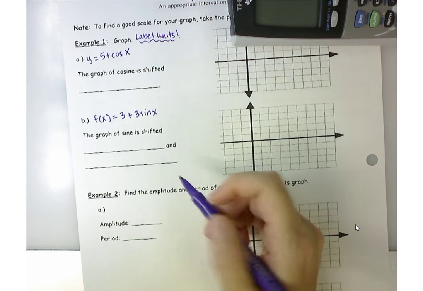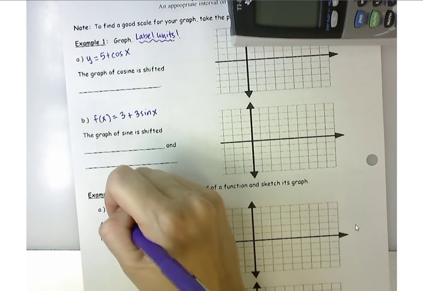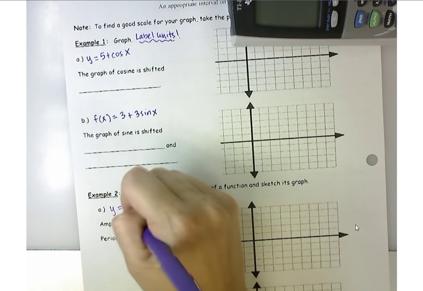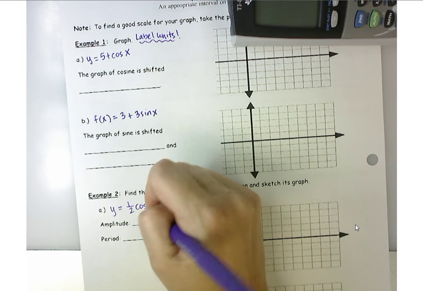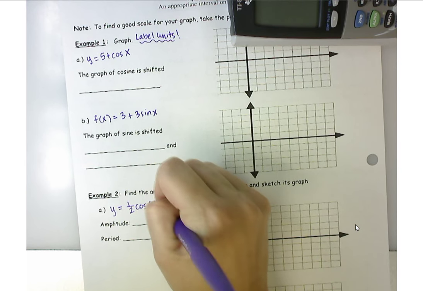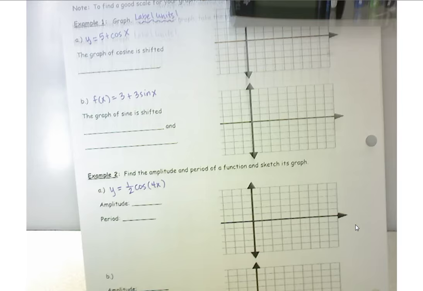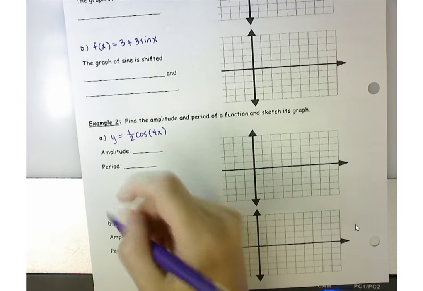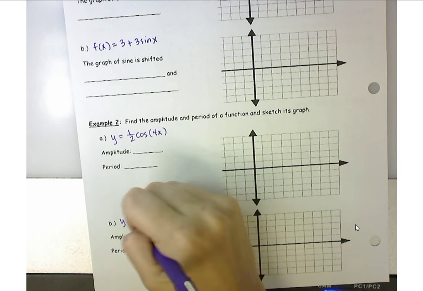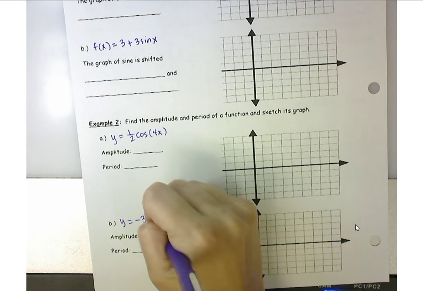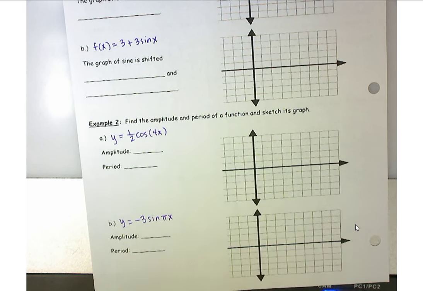Okay, for A, we're going to have y equals 1/2 cosine of 4x. And then the last one is y equals -3 sine of pi times x.